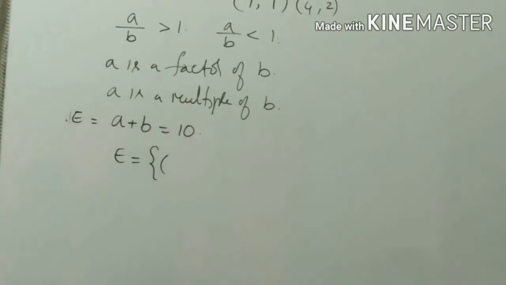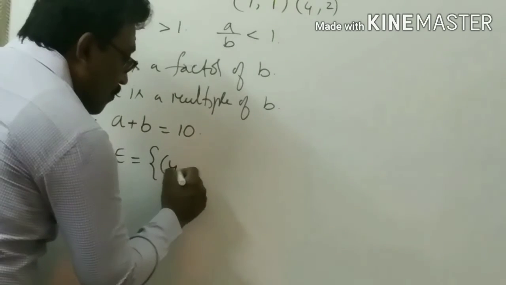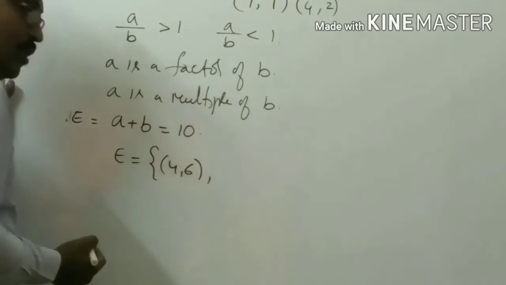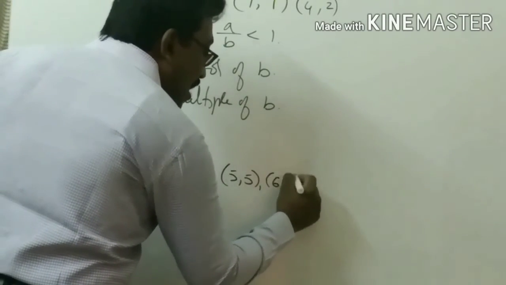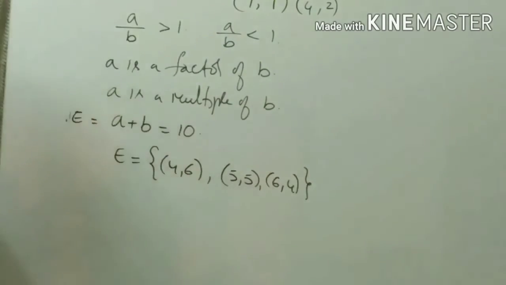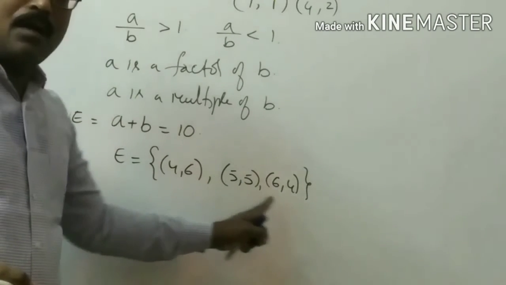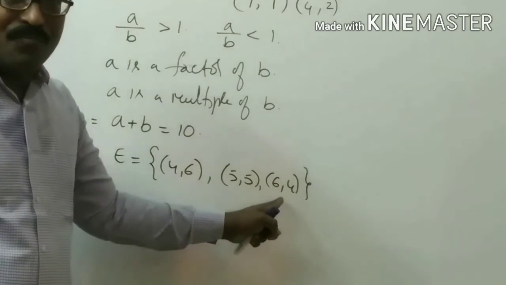No. With 2, the last one is 2 plus 6, which is 8. With 3, not possible. With 4, 4 comma 6. With 5, 5 comma 5. With 6, 6 comma 4. So how many possibilities are there? 3 possibilities are there, so 3 by 36. Remember that 4 comma 6 is not equal to 6 comma 4.